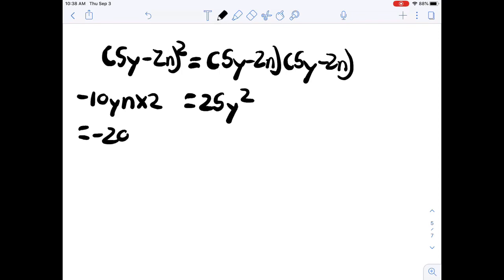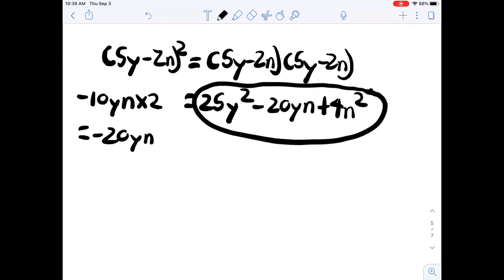And multiply that by 2, you get negative 20yn. So 25y squared minus 20yn. And then you square 2n to get 4n squared. So 25y squared minus 20yn plus 4n squared.